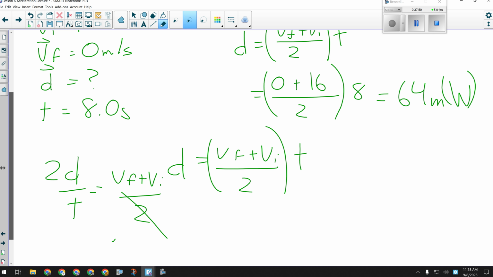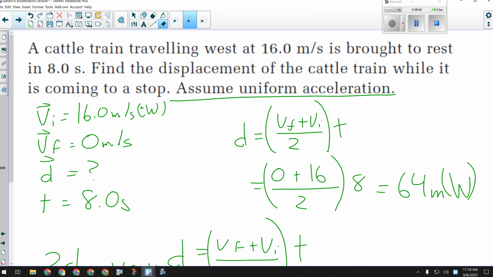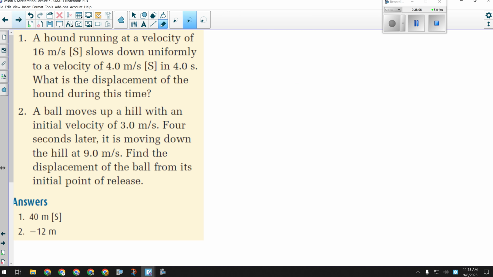You can't just write down all the manipulations on your formula sheet and think that's okay, because it won't be. You don't get your formula sheet on a test. I give you a fresh one. Okay? So you have to be able to do the algebra. Okay. Try those two. I will caution you on number 2. Direction is important.